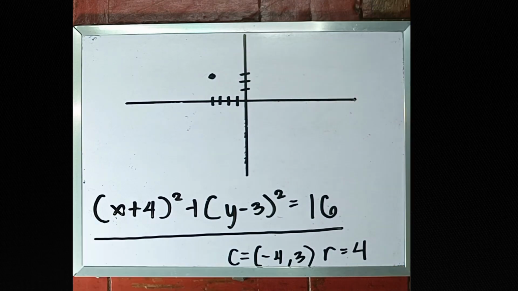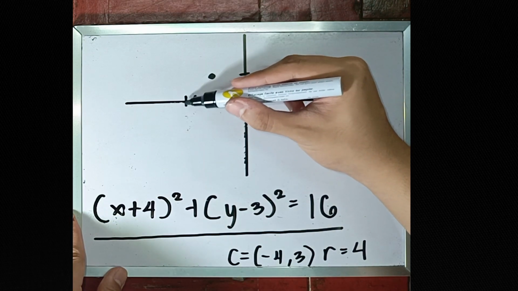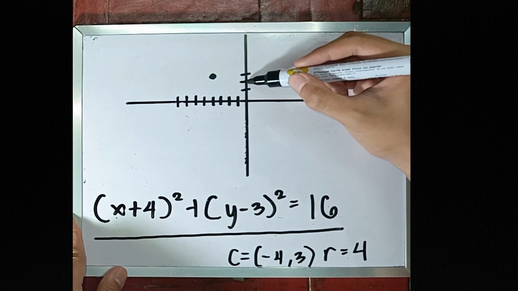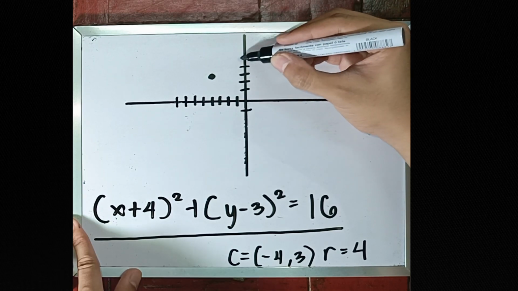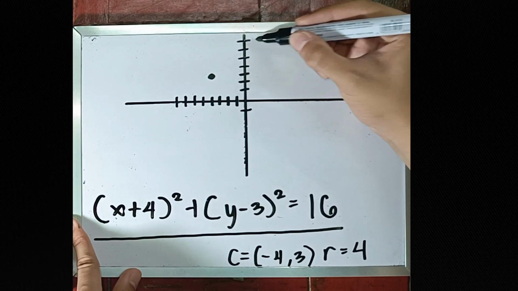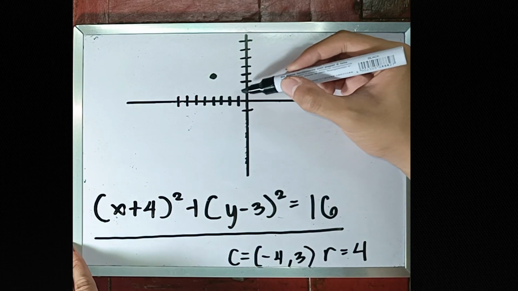So we have a radius of 4. Of course, from our center, we will go 4 spaces to its left, up, down, and right. First, let's go to the left one. So 1, 2, 3, 4. Here, 1, 2, 3, 4. Again, 1, 2, 3, 4. And 1, 2, 3, 4.